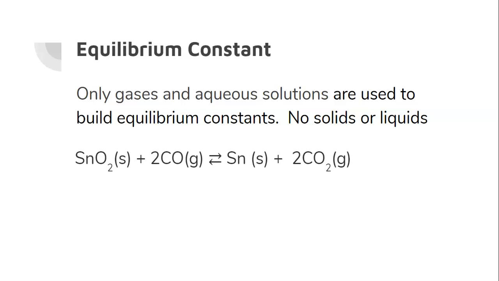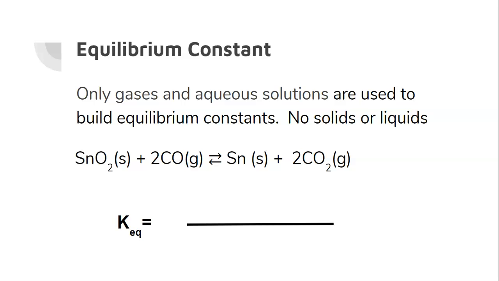Okay, so here's our example. This is the one that's in your notebook. I have tin oxide plus carbon monoxide becoming tin and carbon dioxide. Okay, so what I'm going to do is look at my products first, and see which products would be important.